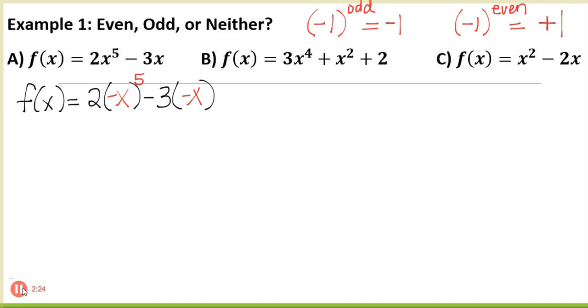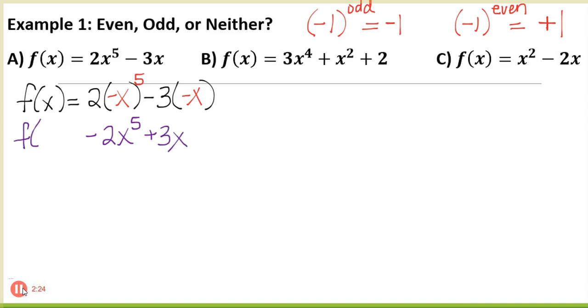When I look at this first one, when I raise negative x to the power of 5, I get 2 times negative 1, which is negative 2x to the power of 5. And then negative 3 times negative 1 is positive 3x.